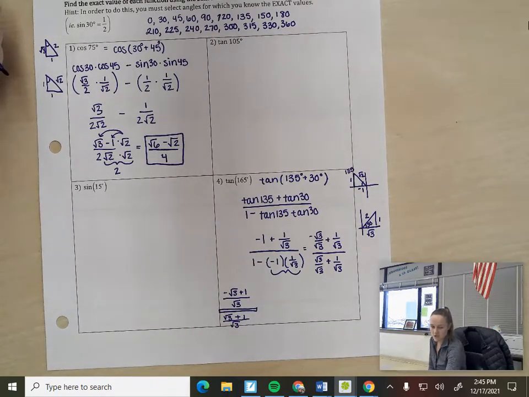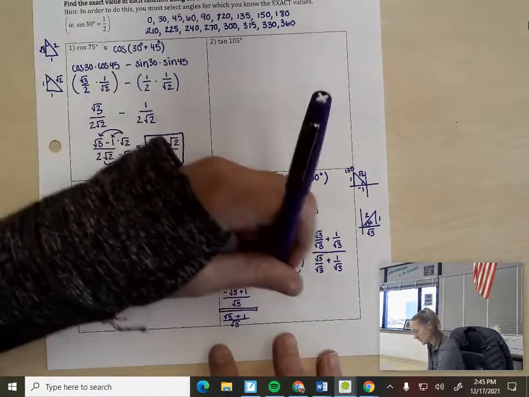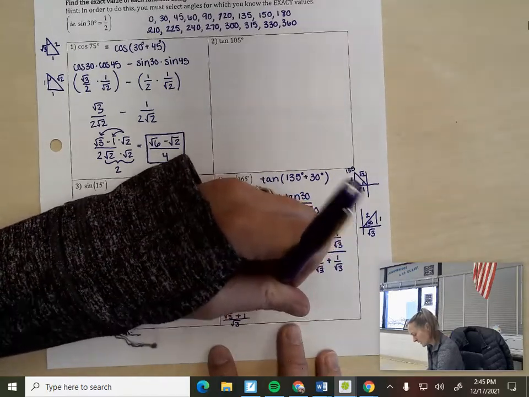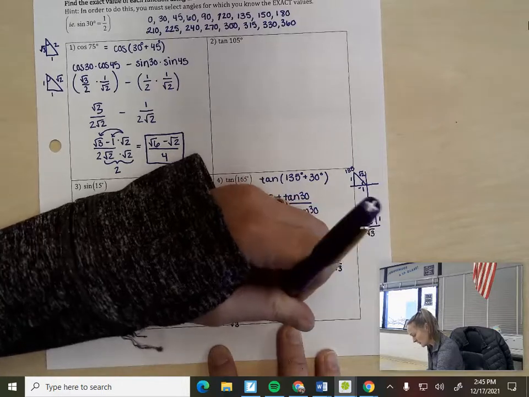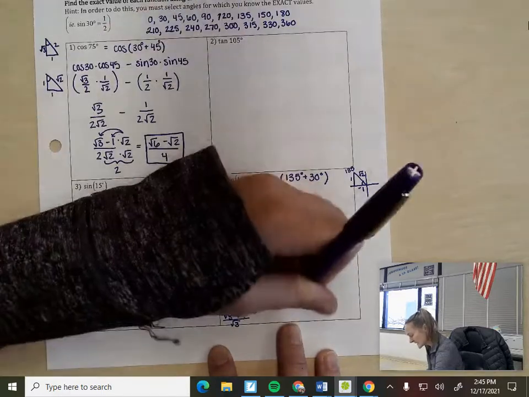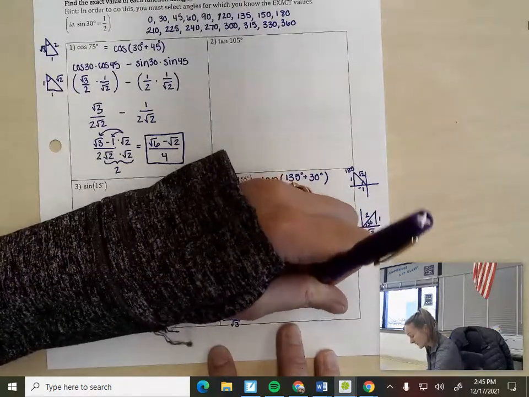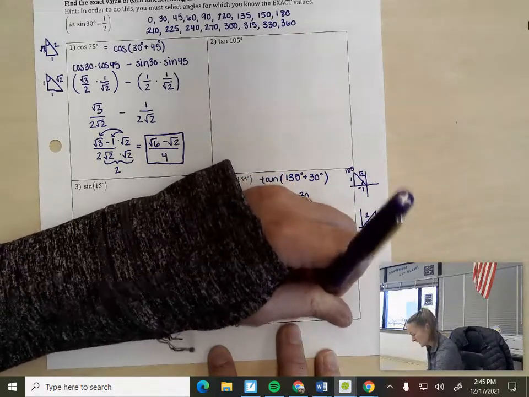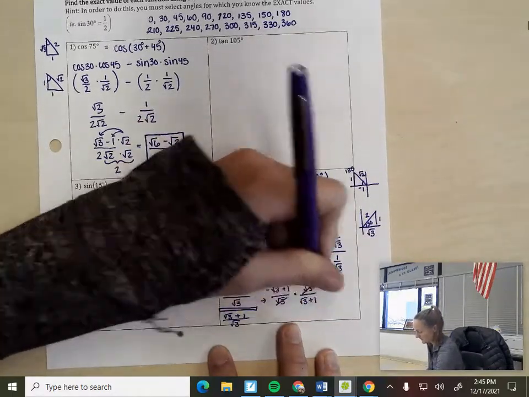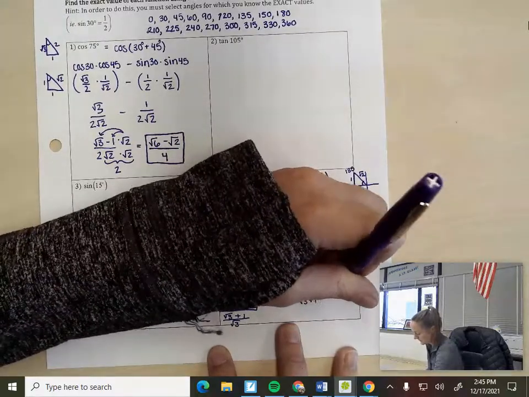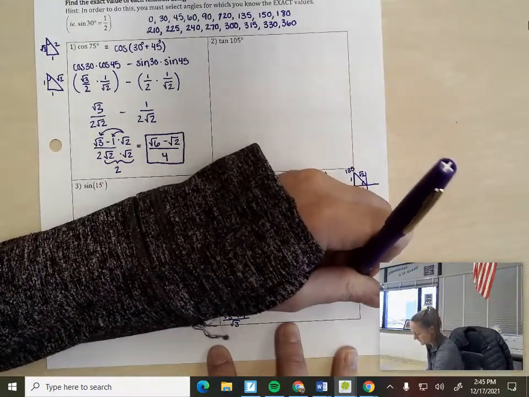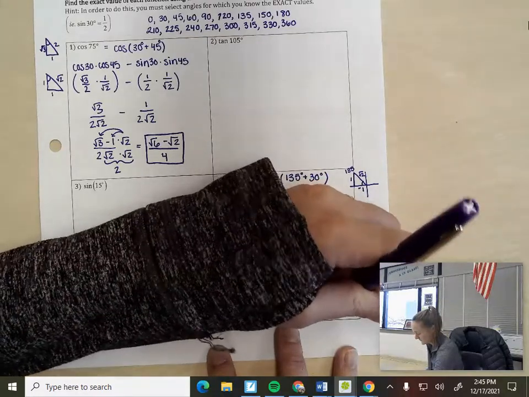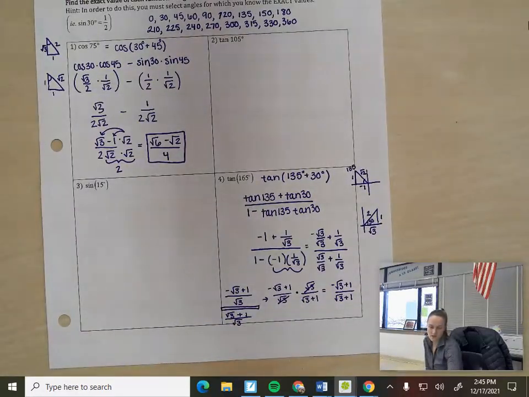So if I keep change flip, I'm going to do negative root 3 plus 1 over root 3, times root 3 over root 3 plus 1. These cancel out, and I end up with this.